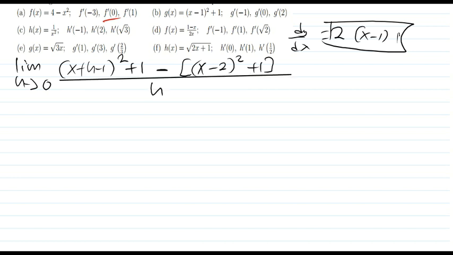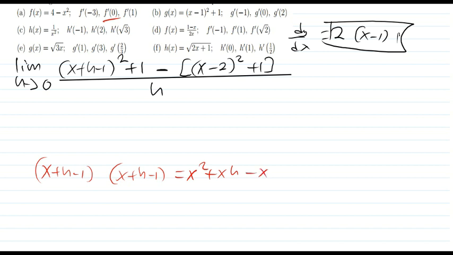Now let's simplify this. Simplifying that one, we have x plus h minus 1 and x plus h minus 1. I'll start with x. X times x is x squared. X times h is xh. X times negative 1 is negative x.